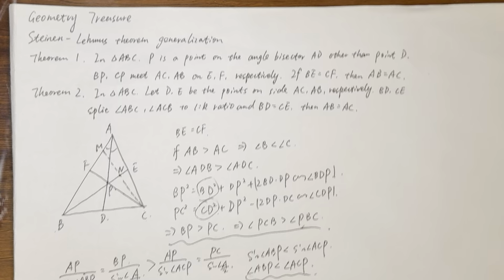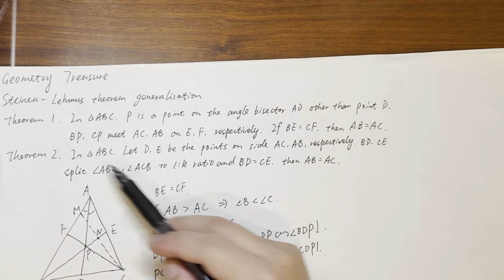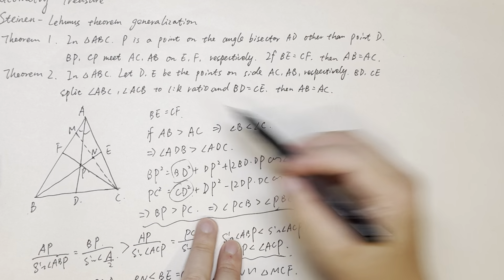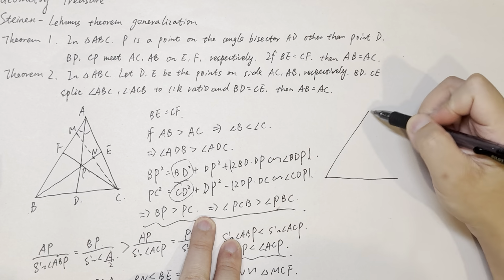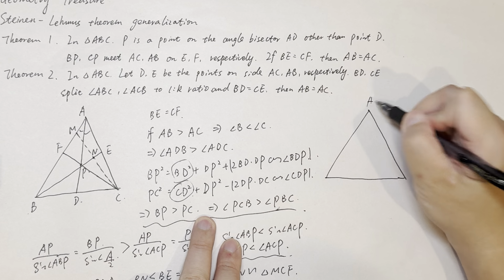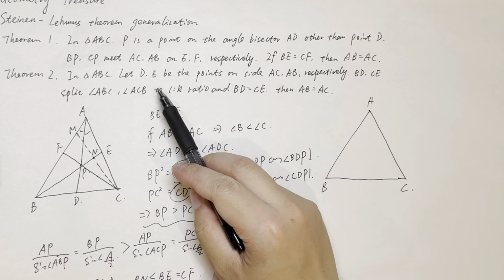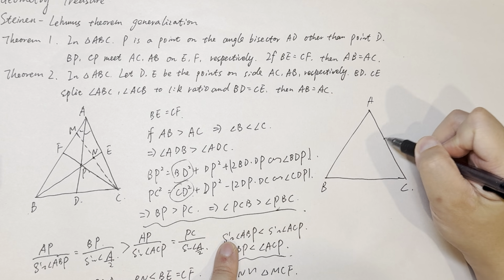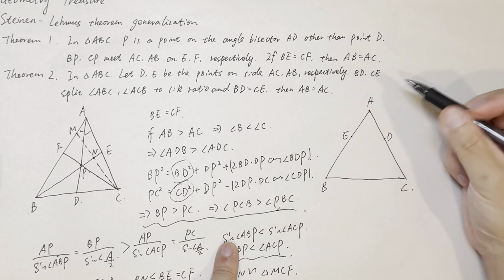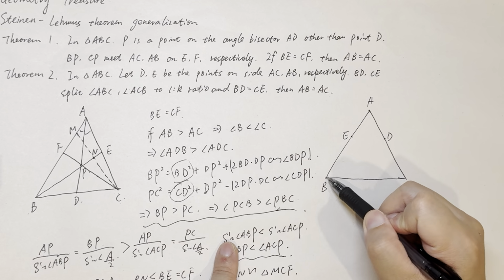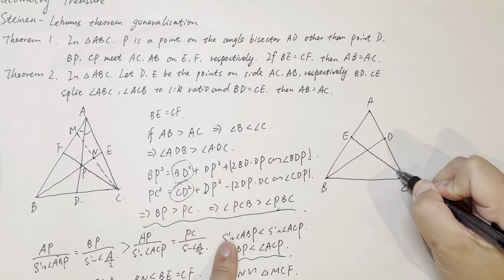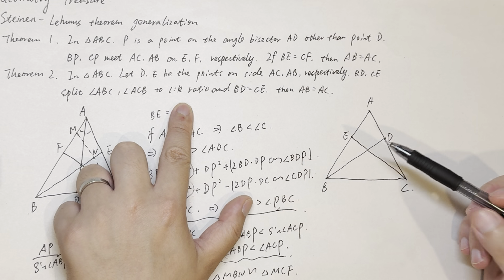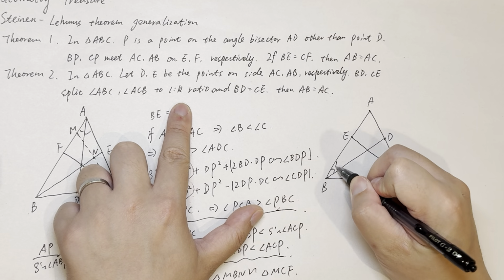And let's look at the second theorem. In triangle ABC, okay, I'll just draw the figure here. Let D and E be points on sides AC and AB respectively. BD and CE split the angles ABC and ACB in a 1 to K ratio.